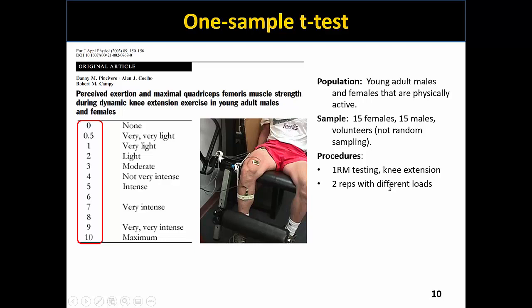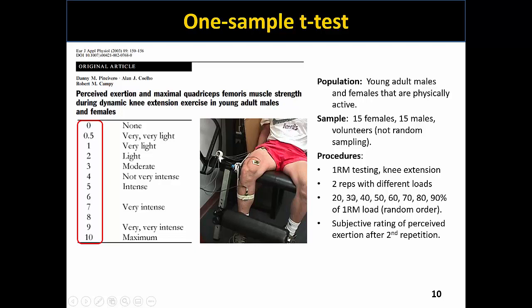The experiment then had all the volunteers perform 2 repetitions with different loads, and the loads ranged from 20 up to 90% of the 1RM, or the maximum weight, all presented in a random order. The outcome variable was the person's subjective rating of their perceived exertion, or their effort, after the second repetition at each of these loads, by reporting a number on the scale.